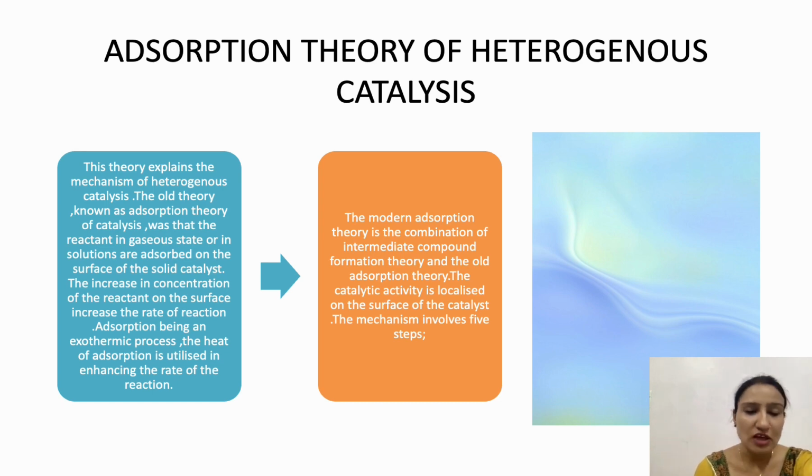Adsorption being an exothermic process, the heat of adsorption is utilized in enhancing the rate of reactions. The modern adsorption theory is the combination of intermediate compound formation theory and the old adsorption theory. The catalytic activity is localized on the surface of catalyst, and this mechanism involves 5 steps.